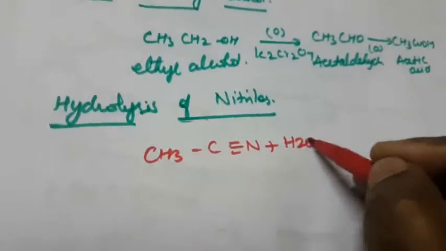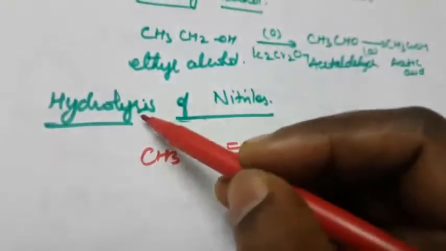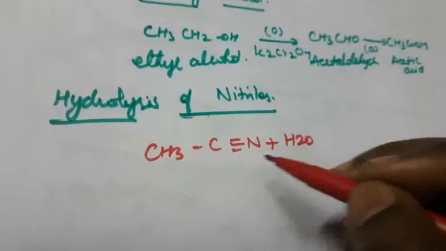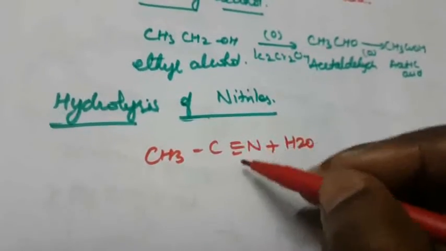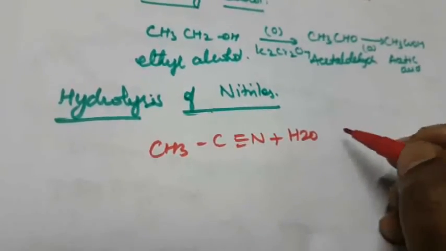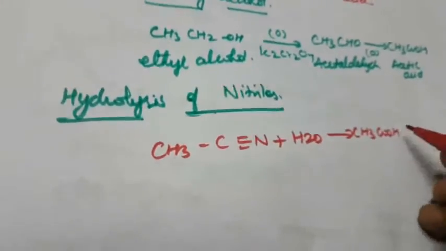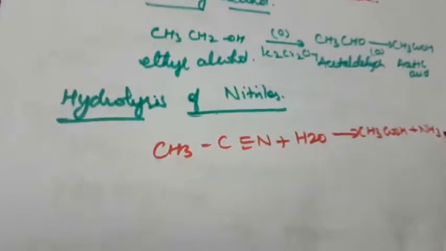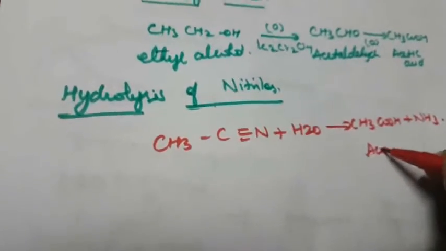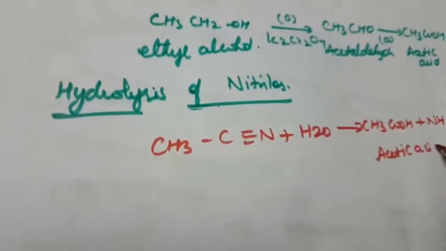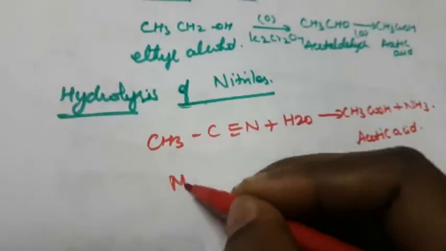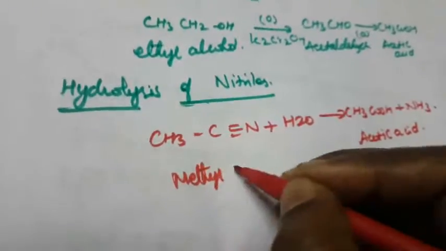Water lysis means breakdown, so the compound breaks down with water and the triple bond is broken. So we get acetic acid, CH3COOH, plus NH3, ammonia. This is acetic acid, and this is methyl cyanide.